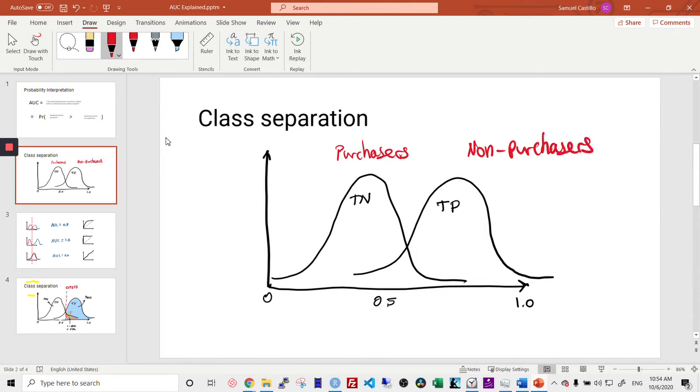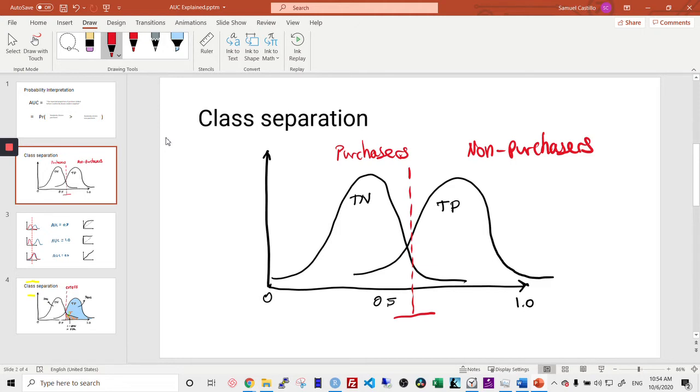And then you create a cutoff value like this. On the y-axis, you see the percentage of people. On the x-axis, you see the assigned model probability that goes from 0 to 1, right?